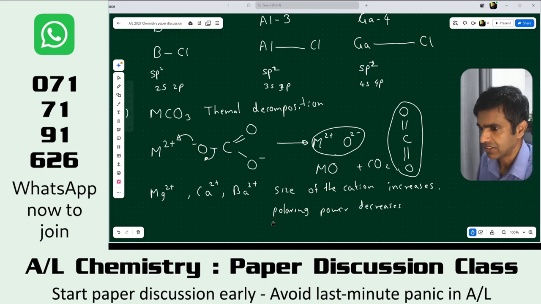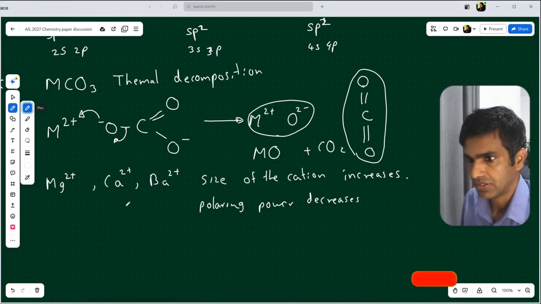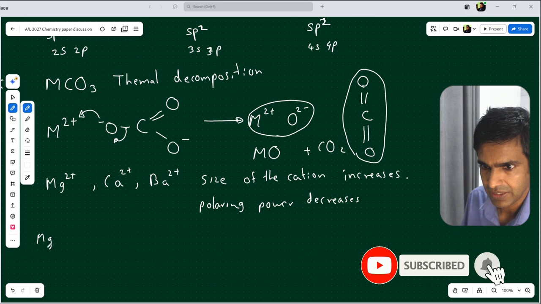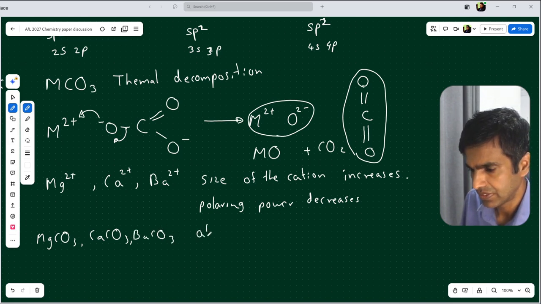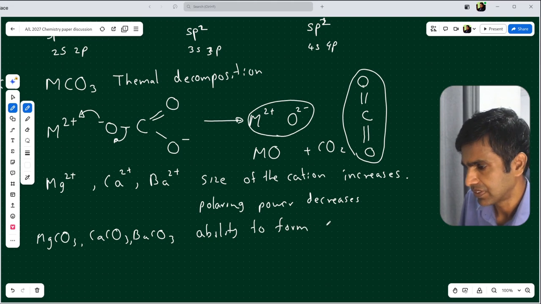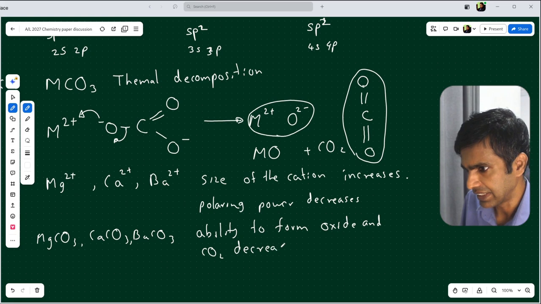So it is clear that in the order magnesium carbonate, calcium carbonate, barium carbonate, the ability to form oxide and carbon dioxide decreases.